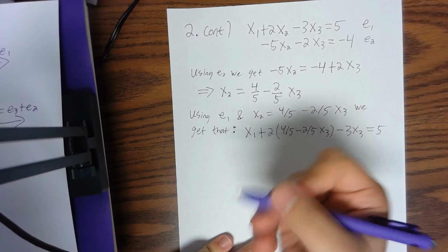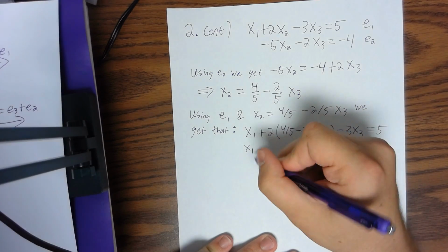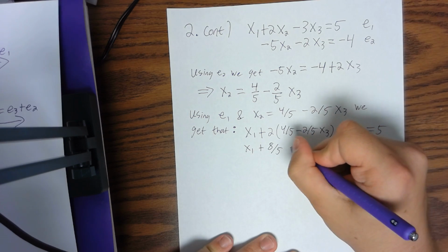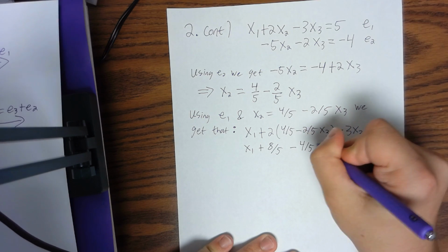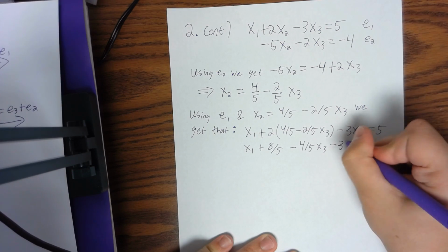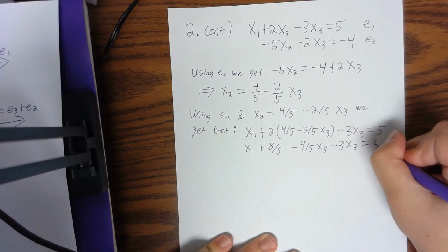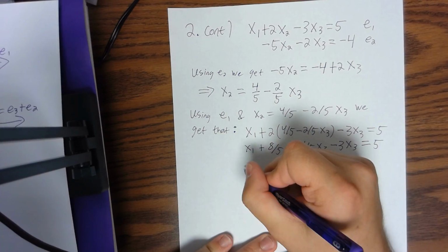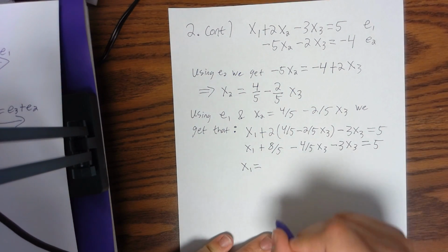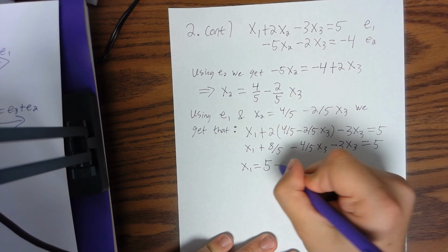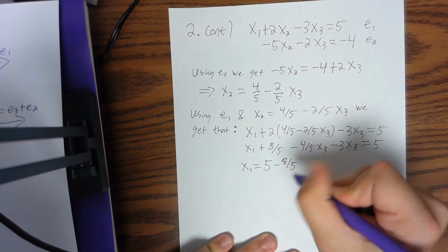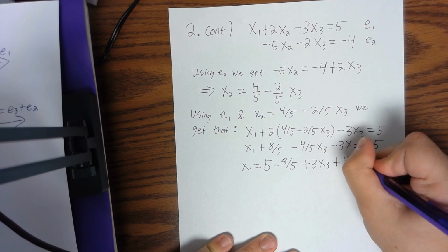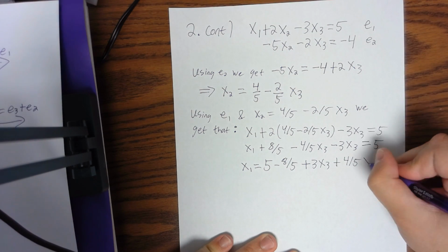So let's distribute this 2 out. We get x1 plus 8/5 minus 4/5 x3 minus 3x3 is equal to 5. Moving everything over to the right-hand side, we get x1 is equal to 5 minus 8/5 plus 3x3 plus 4/5 x3.